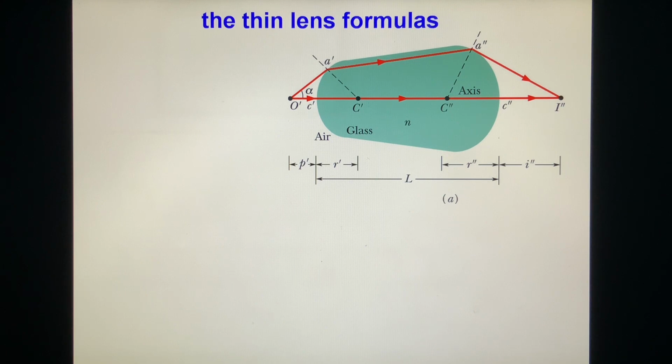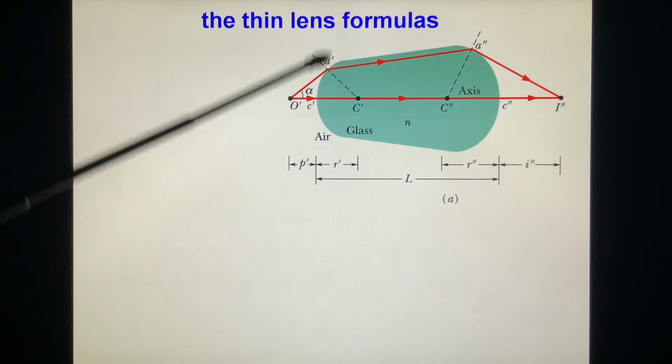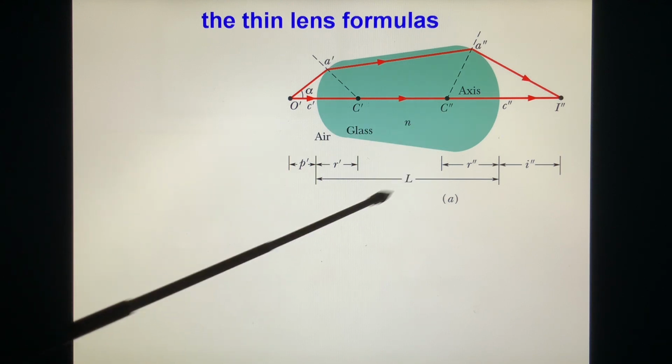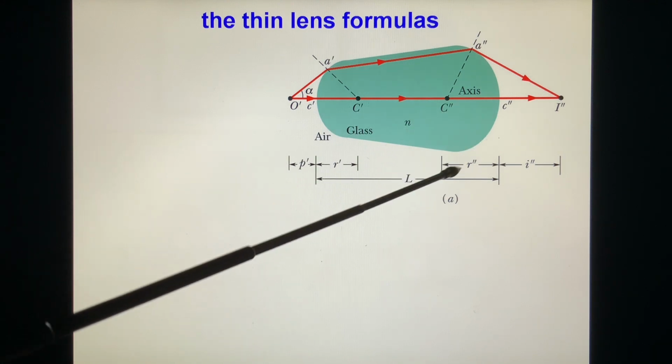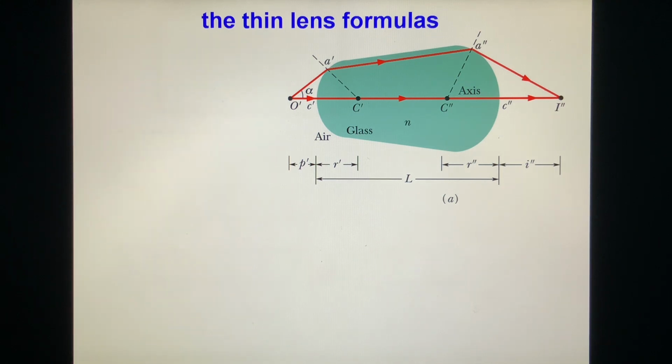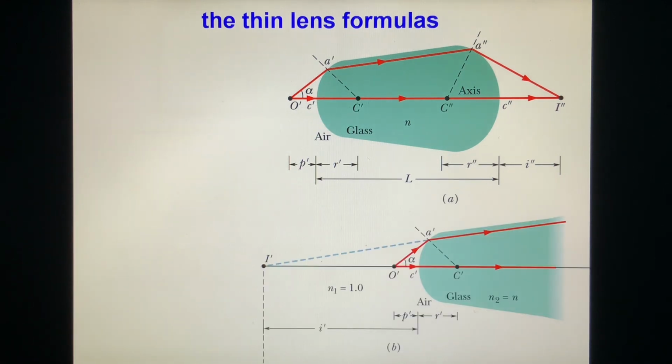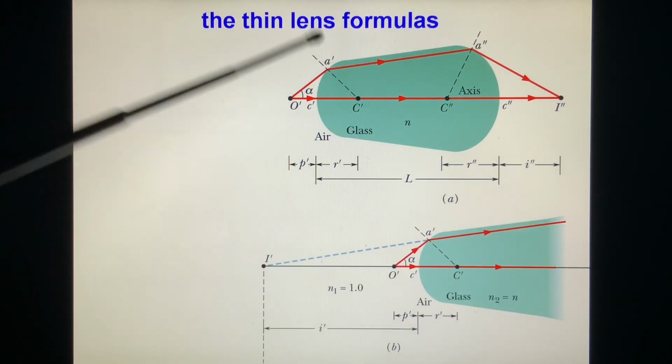Now, suppose this is a thin lens, and we exaggerate this thickness. It should be much smaller compared to p, R1, R2, and i. It has two refracting surfaces. Look at the first one.